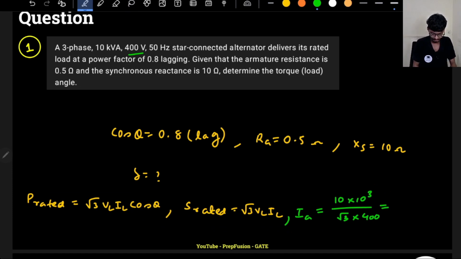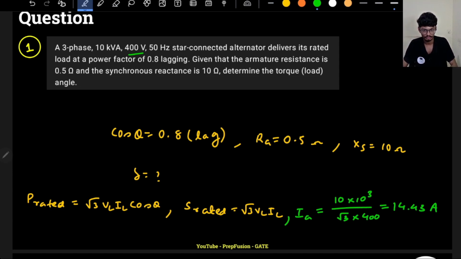It is 100 divided by 4 into root 3, which is 14.43 amperes. This will be the rated current.